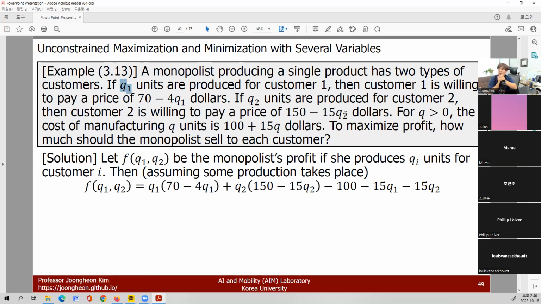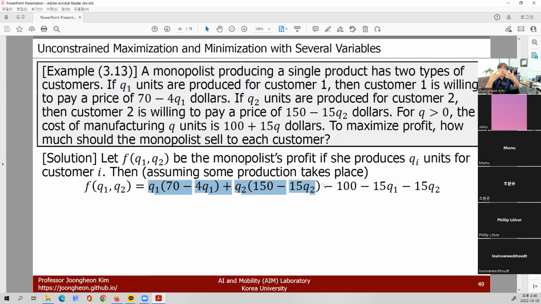That's why the summation will be Q. That's why the manufacturing cost of Q units will be this amount of dollars.